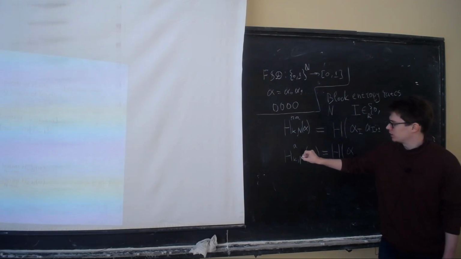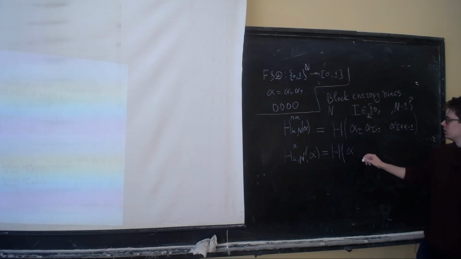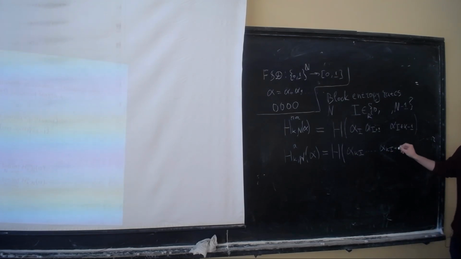So there should be ki, and so on, alpha sub ki plus k minus 1, something like that.